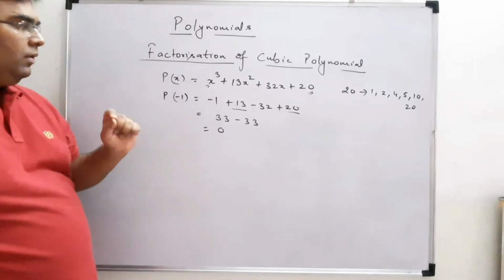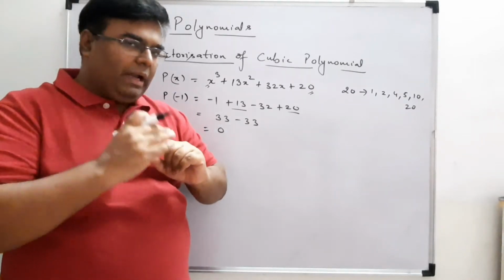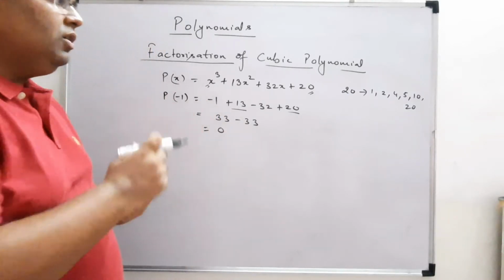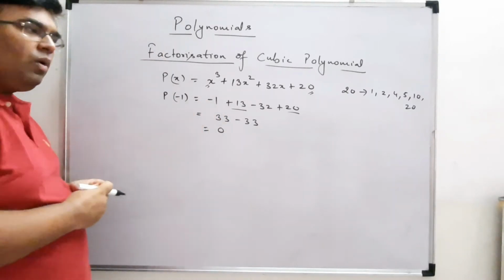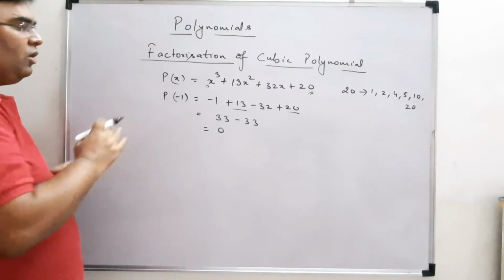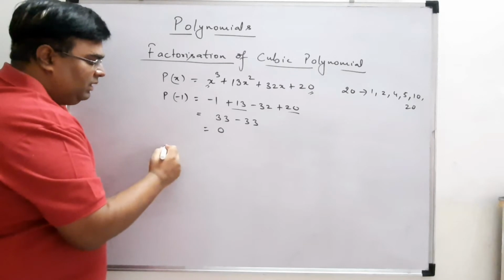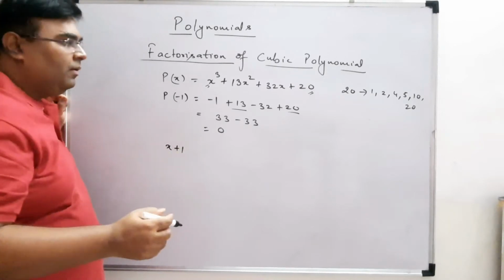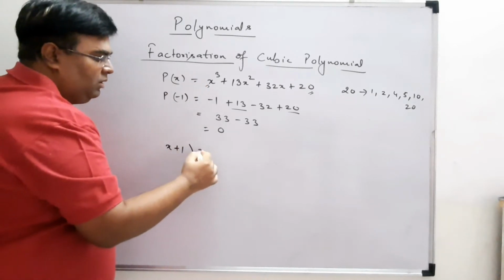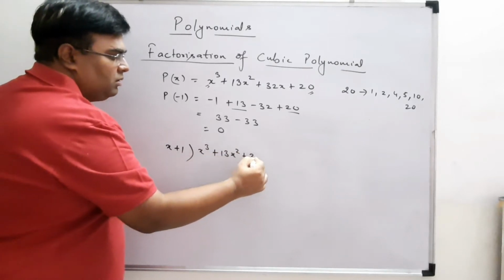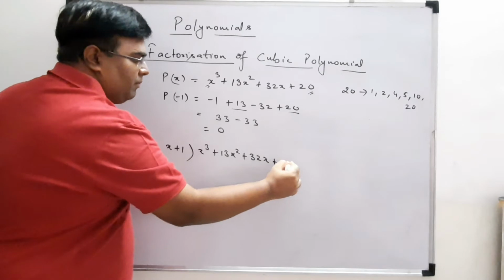See, you can minimize your attempts by applying common sense about whether to use a plus number or a minus number. So we have got minus 1 as a root. So which is my factor? x plus 1 will be the factor of x cube plus 13x square plus 32x plus 20.